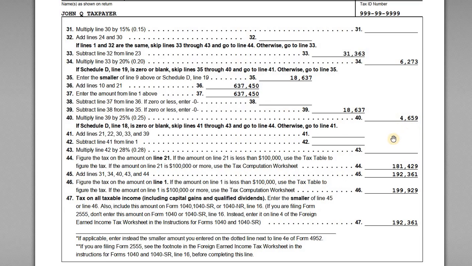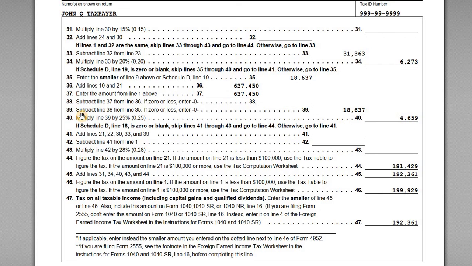So when we isolate the 1231 gain for John, these are the tax pieces he's paying: the 31,363 subject to a 20% rate, and his unrecaptured 1250 gain portion, 18,637, subject to the maximum 25%.